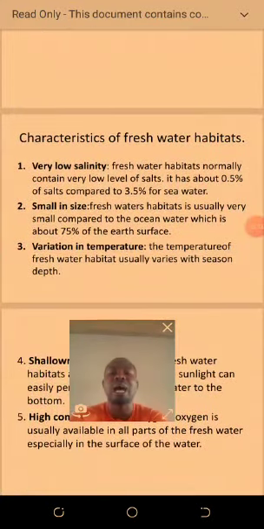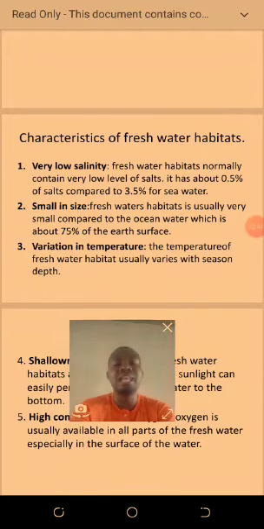Now let's look at the characteristics of freshwater habitat. The first one is very low salinity. That is, in freshwater habitat, they have low salinity or no salt at all. At the highest level, the salt is 0.5 percent, compared to that of the sea, which is 3.5 percent.